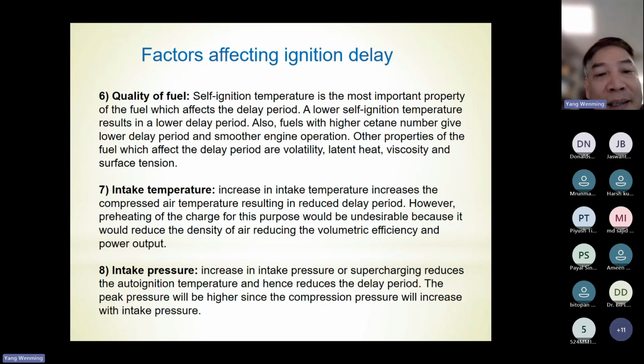Okay, the next one is the intake temperature. This one is easy to understand. By increasing the intake air temperature, we can reduce the ignition delay time, correct? Because higher temperature can reduce the ignition delay time. However, by preheating the intake air, what happens to the density of the air?